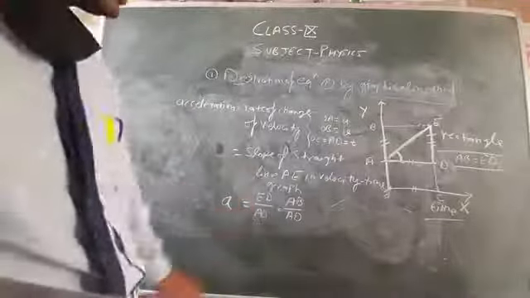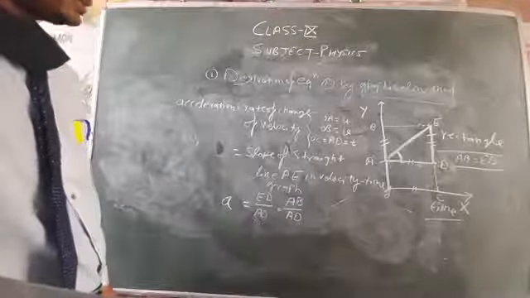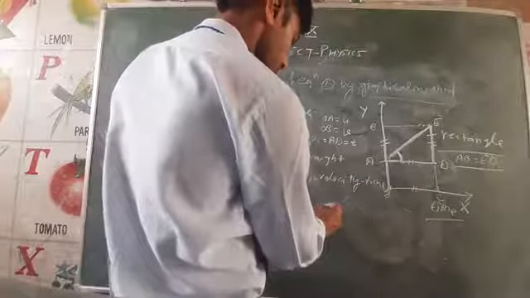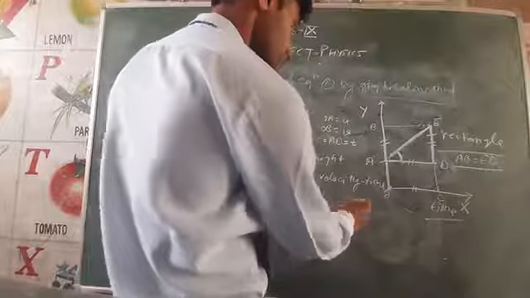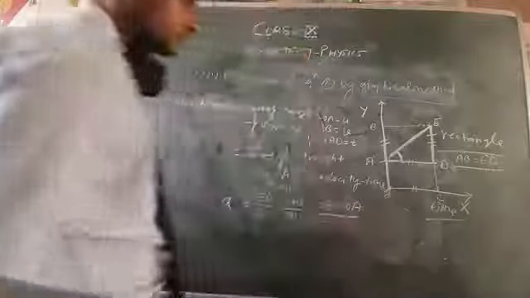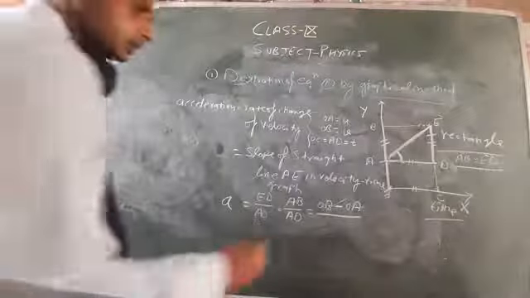a equal to AB upon AD, and AB is given as OB minus OA upon AD.